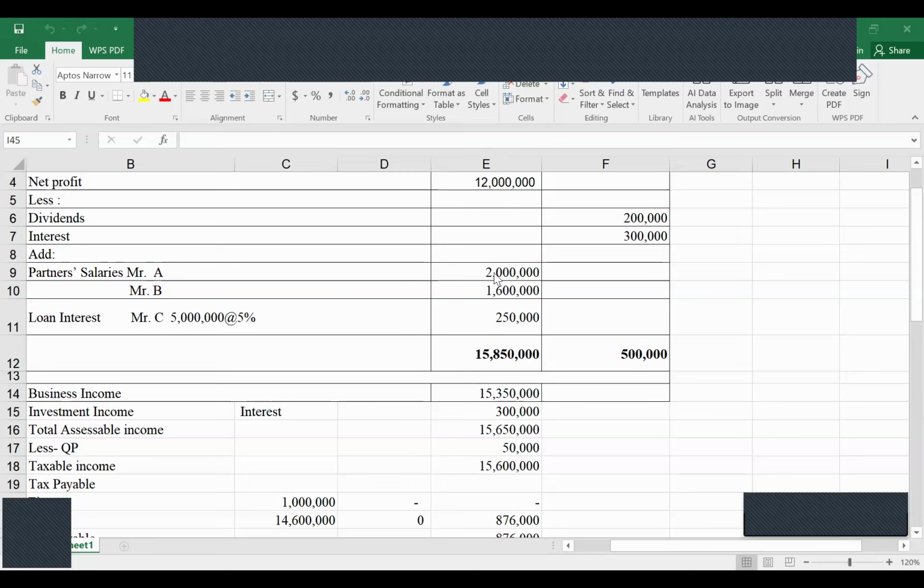That expenditure is deductible. So after adding these things, the assessable income from business is 15,350,000.